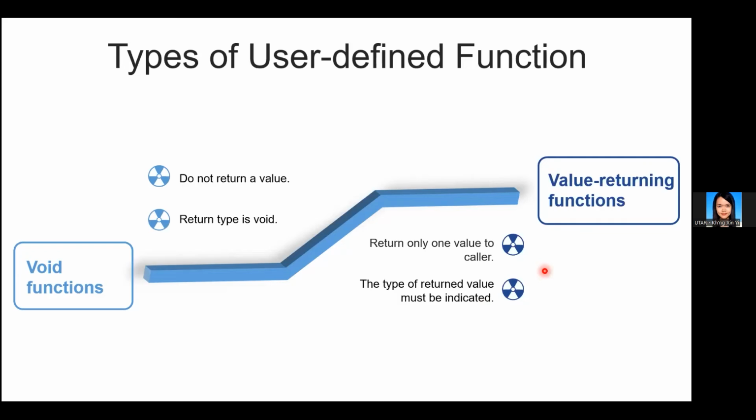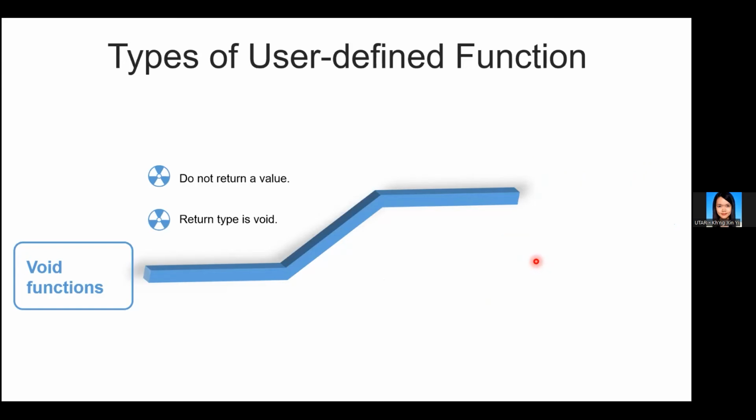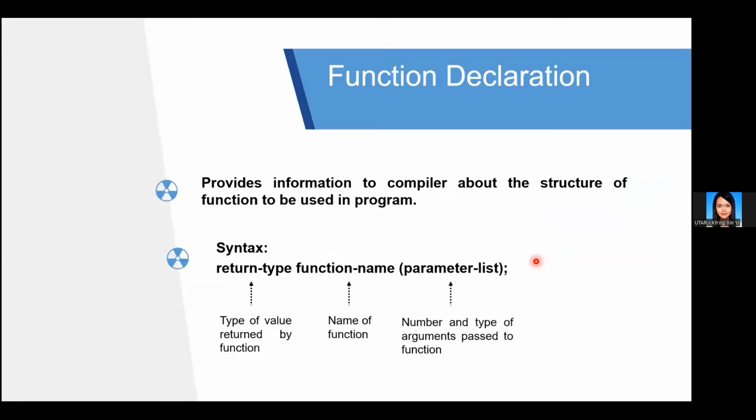If the function returns maybe a double type value, then the return type is double. If the function returns the answer of true or false to the function caller, then the return type should be bool, which means the Boolean type. Okay, so this is what it means by the return type that we have to include in this function declaration.